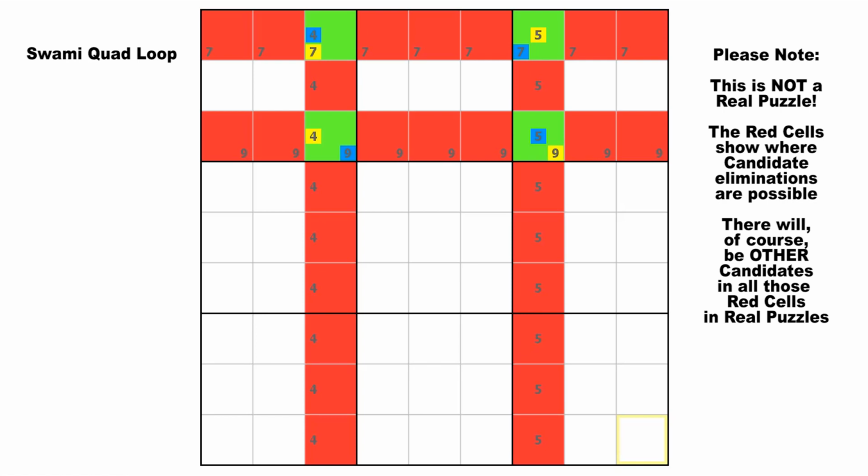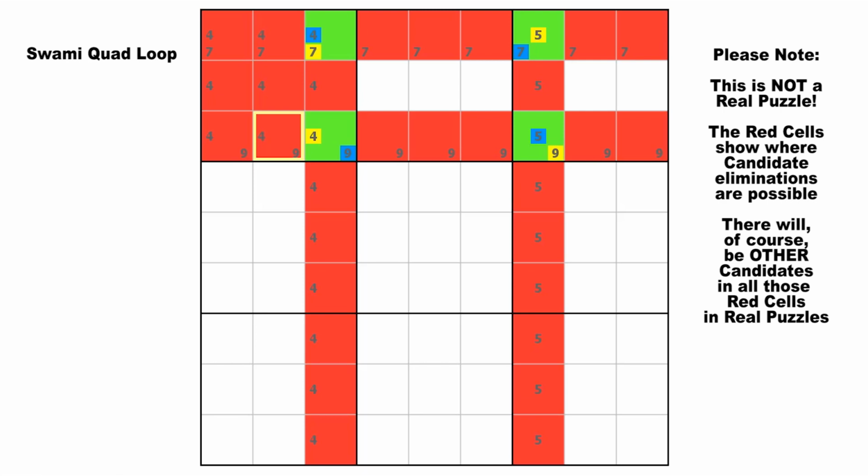in column 7, and there can't be any other 7s in row 1, and there can't be any other 9s in row 3. But because the yellow and the blue 4 lie entirely within block 1, we know there can't be any other 4s in the rest of that block either. So all these 4s would be false.